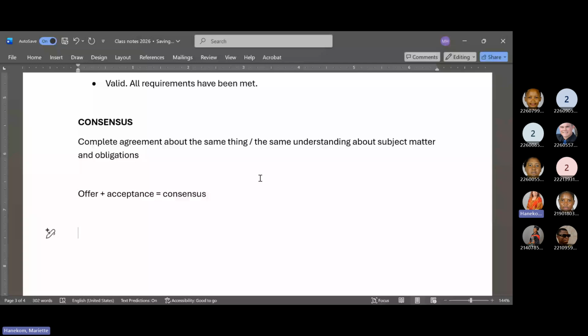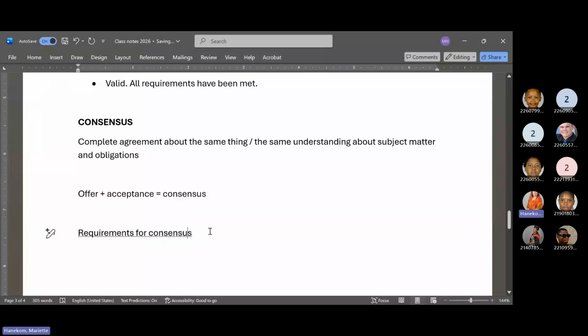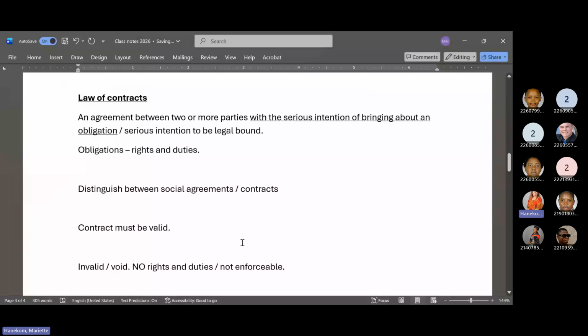So what are the requirements for consensus to have been reached? These requirements are important. You need to know these requirements. You need to be able to apply these requirements. Remember your structured application questions.